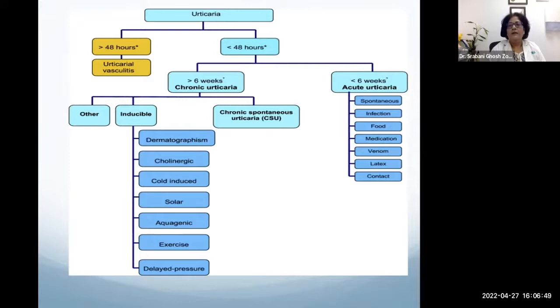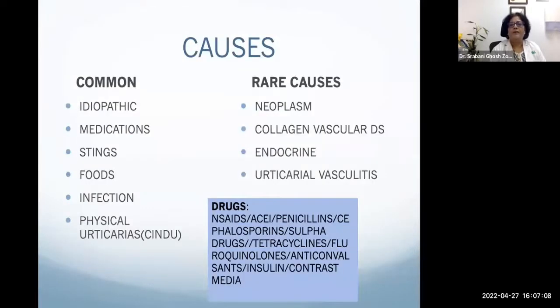Mostly we are lucky in case of acute urticaria to find some precipitating cause, but we are not so lucky in case of chronic urticaria. Chronic urticaria can be divided as chronic spontaneous urticaria, chronic inducible urticaria, and sometimes there can be some other rare causes as well. Unfortunately, we deal mostly with these chronic urticaria patients, and mostly they are idiopathic.